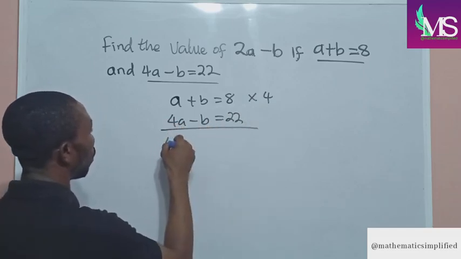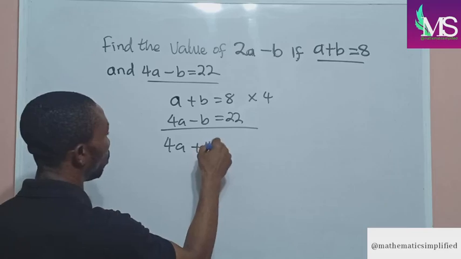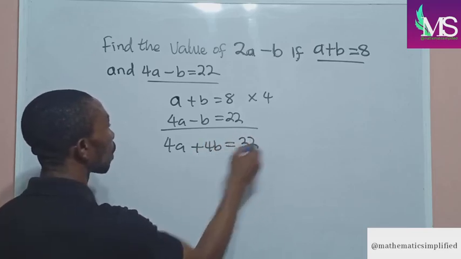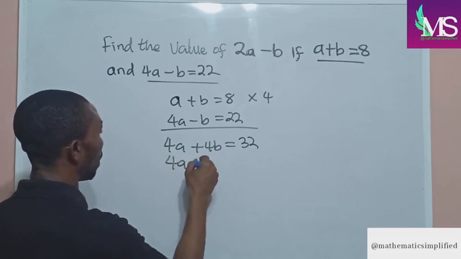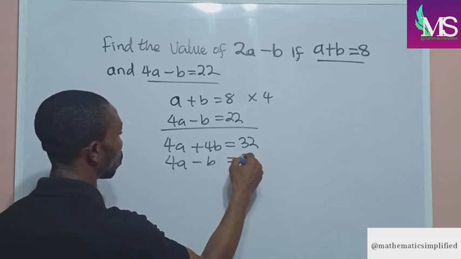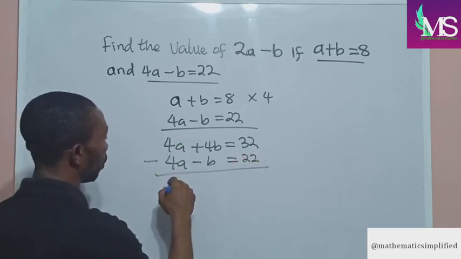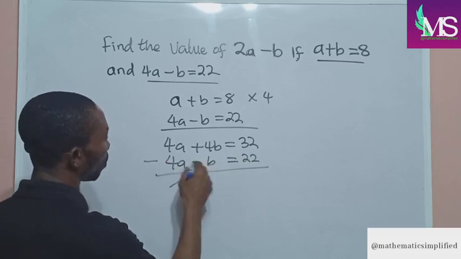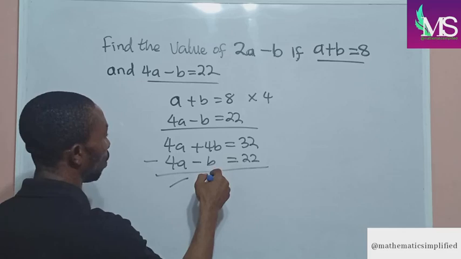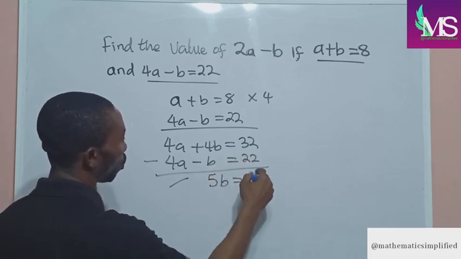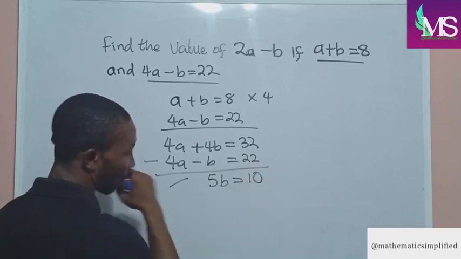This will give us 4a plus 4b equals 32, and this will give us 4a minus b equals 22. So we subtract. This minus this will give us 0. This minus times minus is plus, 4b plus b, 5b equals 32 minus 22, 10.